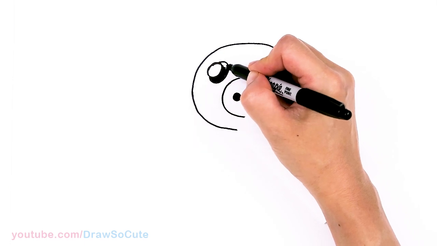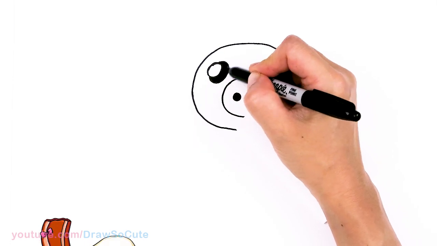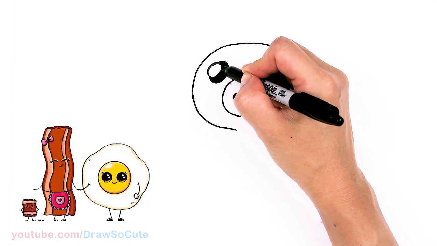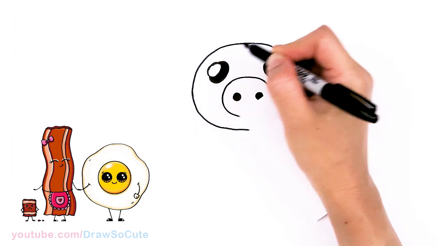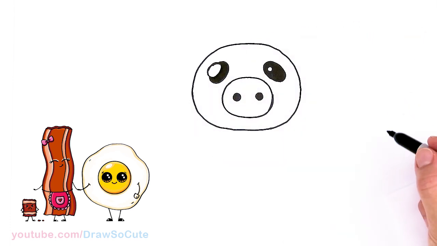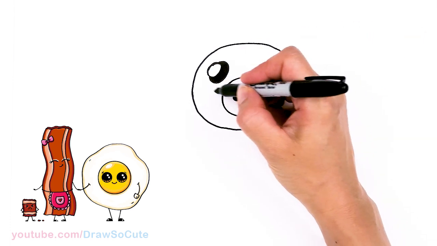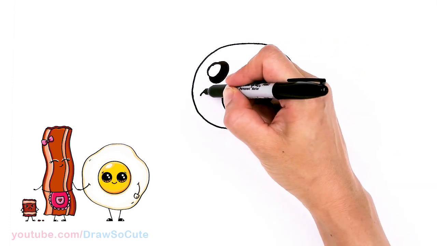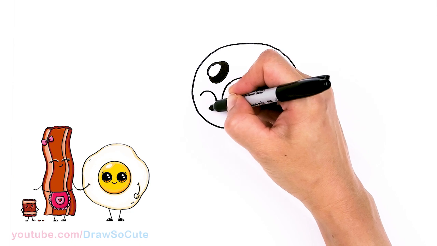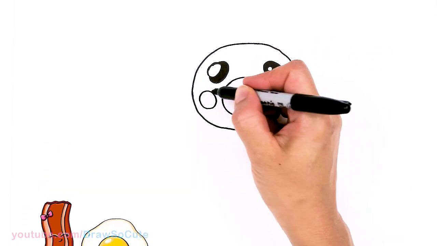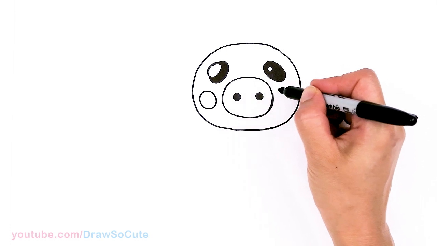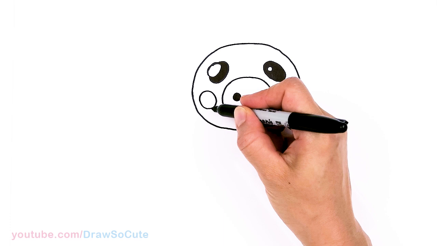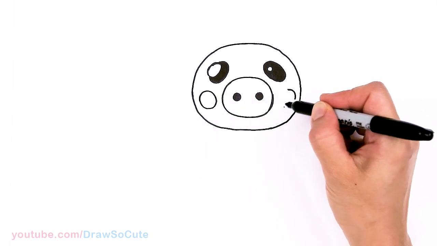Right in this area. There. Okay, so now that we have that, let's come to the sides and we're going to draw two more ovals for cheeks. Right on the side, right here. Lots of practice with ovals and circles for Piggy. Approximately.